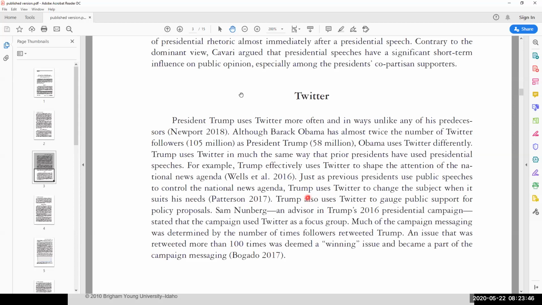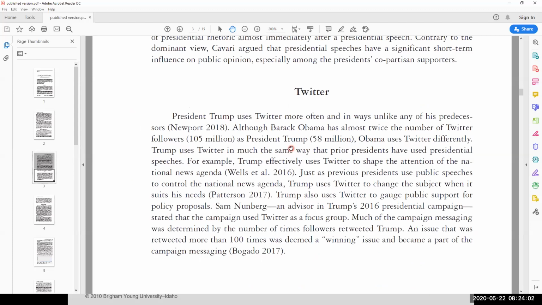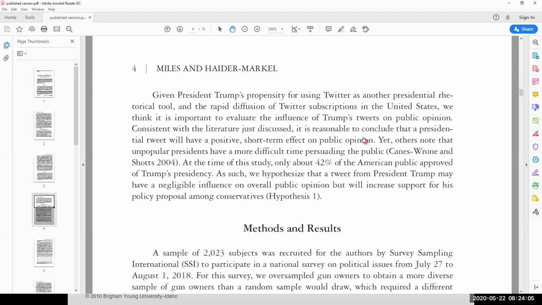Okay, so again, Twitter, right? Barack Obama has more Twitter followers than Trump, but Obama used Twitter differently. There's just not a lot of literature on how presidents use Twitter, but I try to include as much of the research as possible. And then it's a really simple literature review number 2.